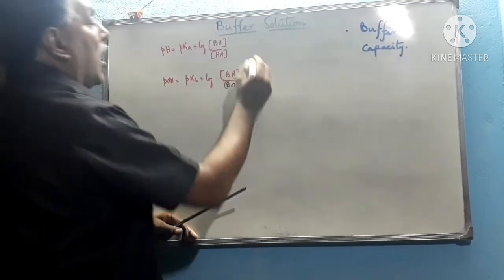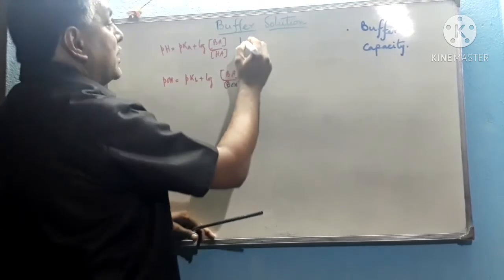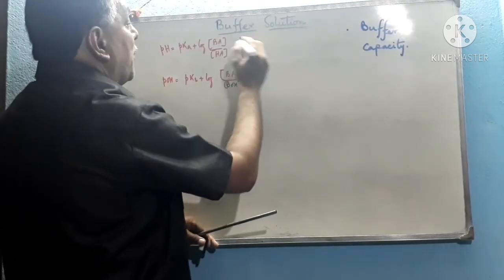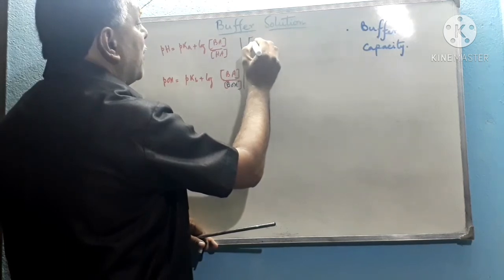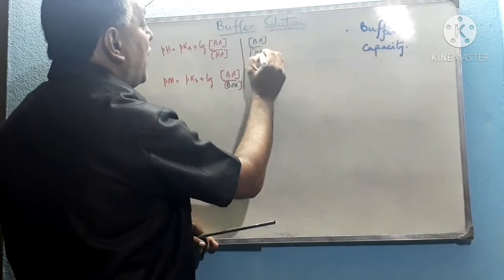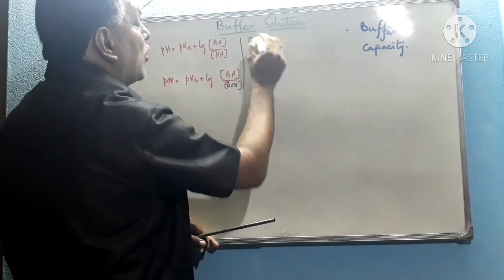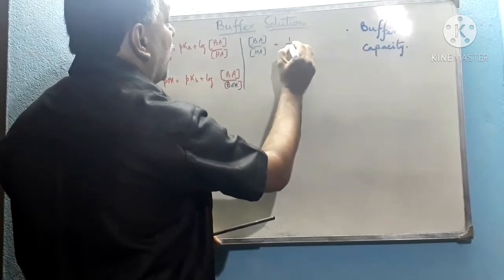Now, by experiment, we get this idea that the buffer action will be maximum whenever, for an acid buffer, the ratio BA by HA, that means the molar concentration of salt by acid, becomes 1 by 1.